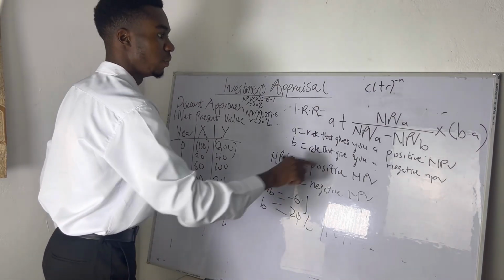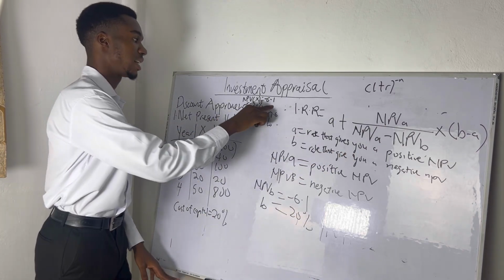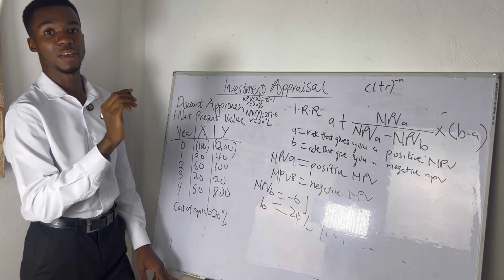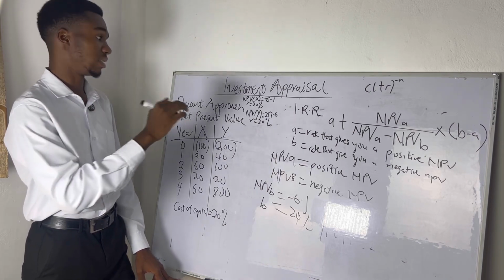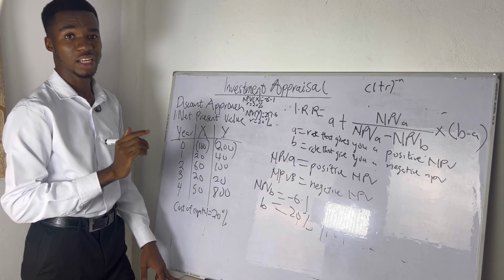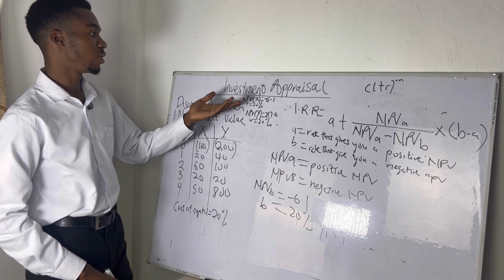So now we have the B, but we don't have the NPV for A. Since we have a negative NPV, we also have to get a positive NPV. To get that, you have to choose a rate that is less than the 20%. When you do that, you're going to get a positive NPV. Any rate that's less than 20%, it's best to take around 10.